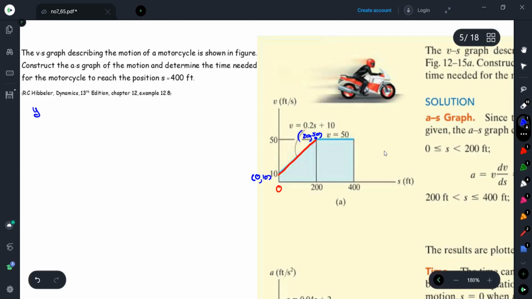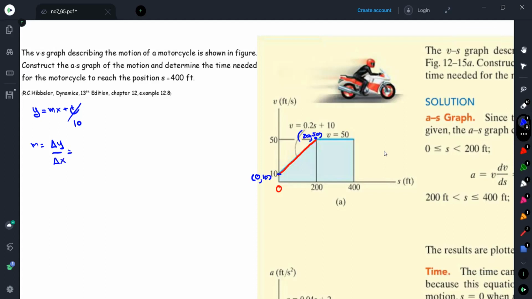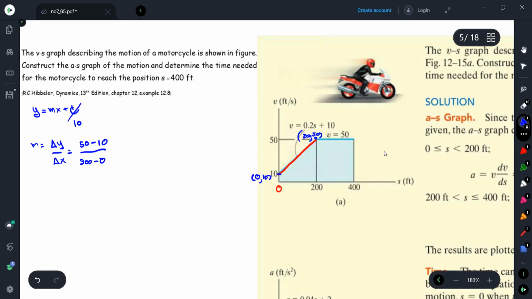From the linear graph, we know that y equals mx plus c, where c is the y-intercept. So c becomes 10. And m is equal to delta y by delta x. Delta y is 50 minus 10, divided by delta x, that is 200 minus 0.